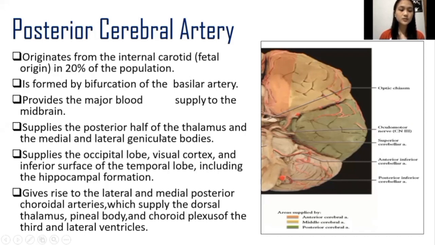It supplies the posterior half of the thalamus and the medial and lateral geniculate bodies, and it also supplies the occipital lobe, the visual cortex, and the inferior surface of the temporal lobe, including the hippocampal formation. This artery gives rise to the lateral and medial posterior choroidal arteries, which supply the dorsal thalamus, pineal body, and choroid plexus of the third and lateral ventricles.